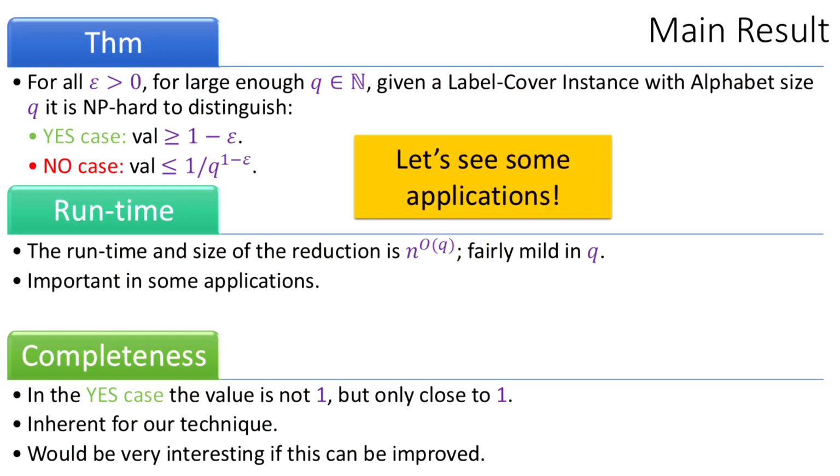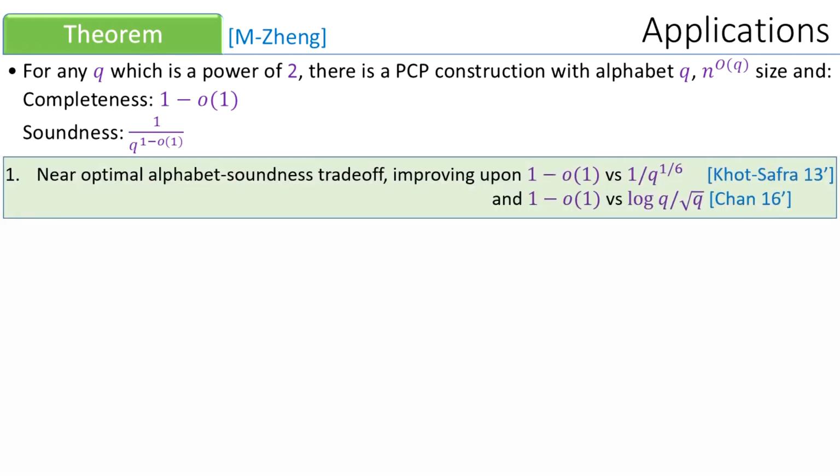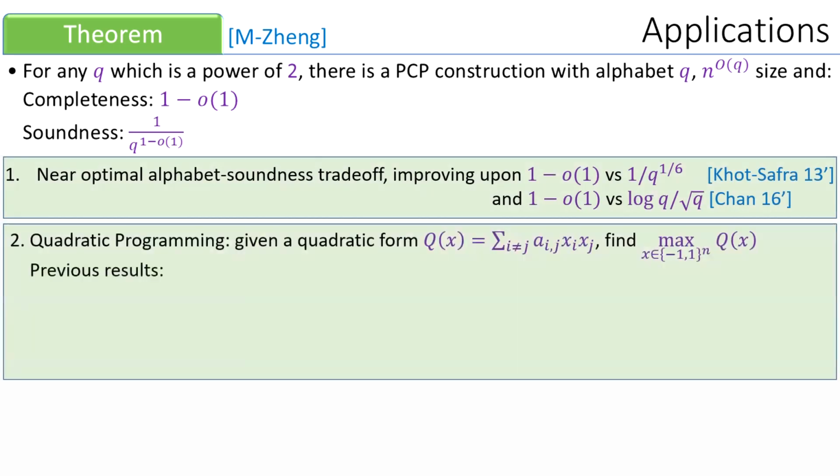So let's see some applications. As I said, the first one is just the result itself. It gets basically the optimal trade-off between the alphabet size and the soundness, and it improves upon these two works, which I already mentioned. The second result is the one where I mentioned that the mild size dependency on q is important. And this is a result about approximation of quadratic programs.